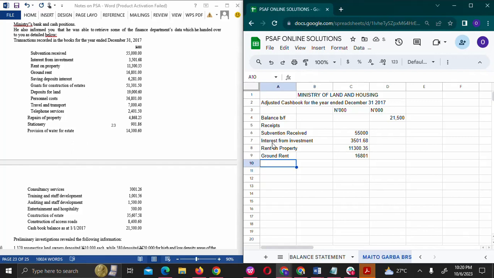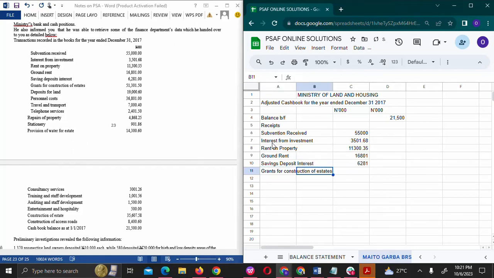Then you have savings deposit interest, 6,281. The next thing we have is grants for construction of estate.